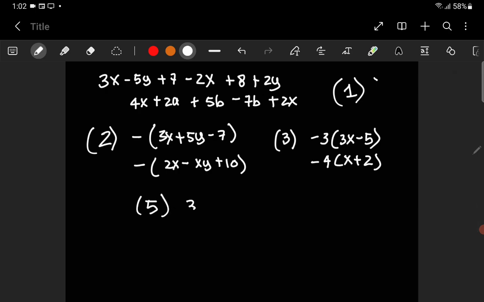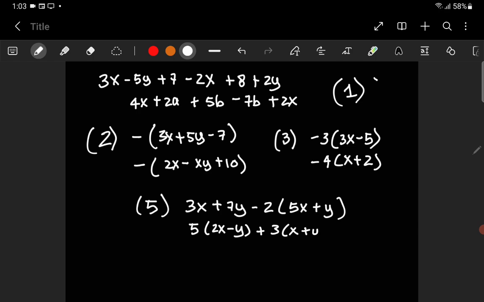Let's say I have 3x plus 7y, and then minus 2, 5x plus y. One more. Well, I can say like 5, 2x minus y, and then plus it by 3, x plus y. Okay, just do the questions.